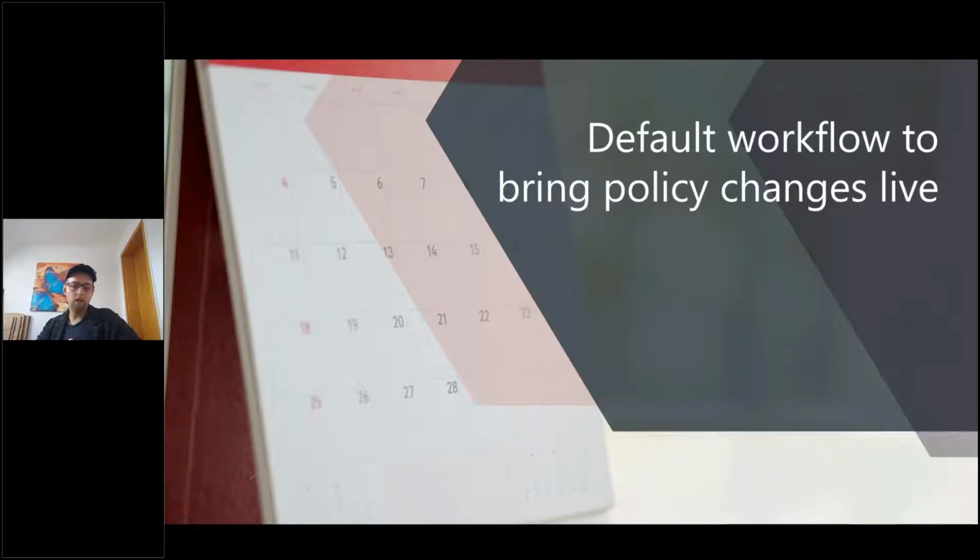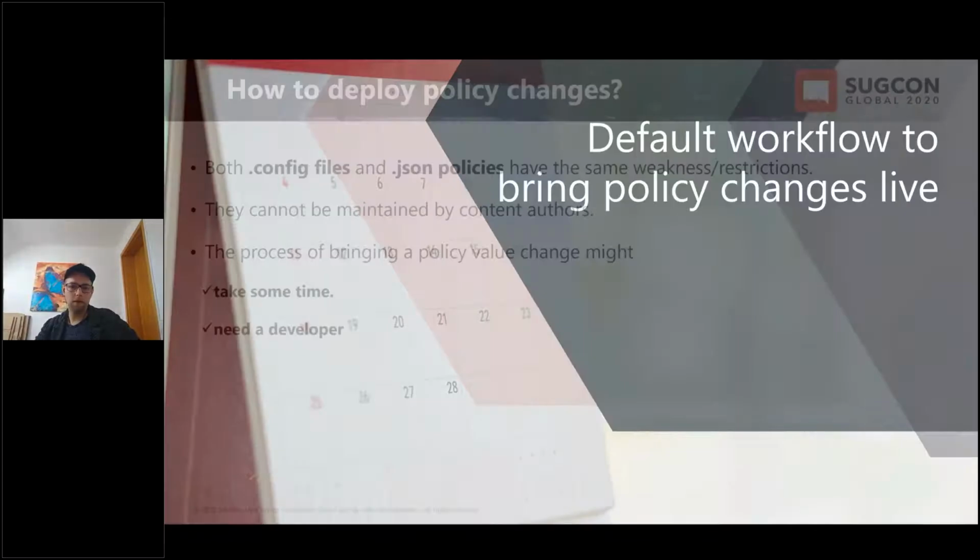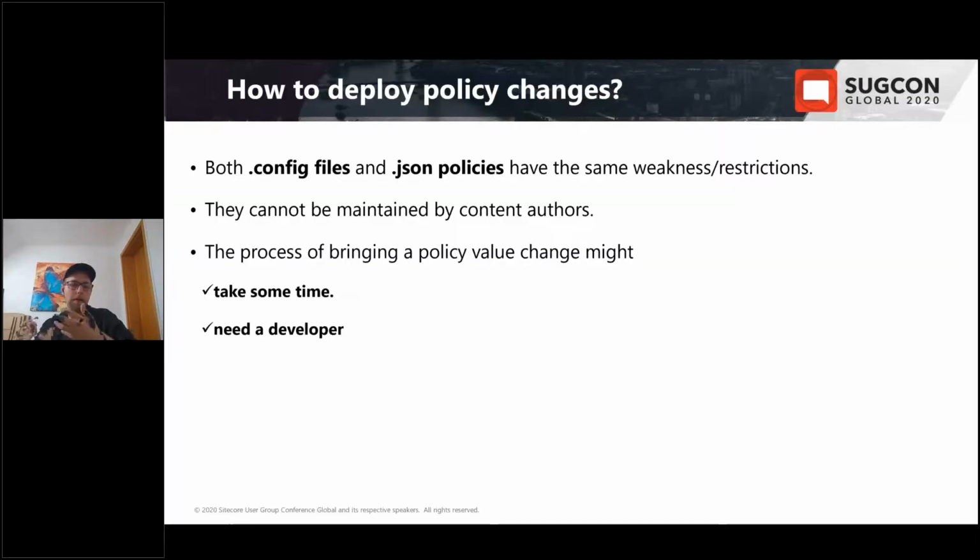And now you see what has to be done to really change that value, because we are talking about files, config files, JSON files. The editor is obviously not able to change these files because normally content editors, the user role, have no access to the file system. That's normally the case, and also in SUGCON the case.